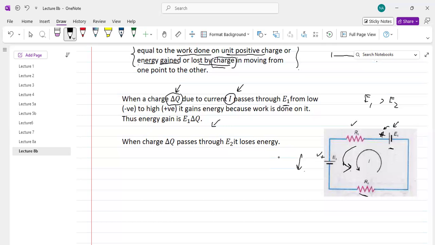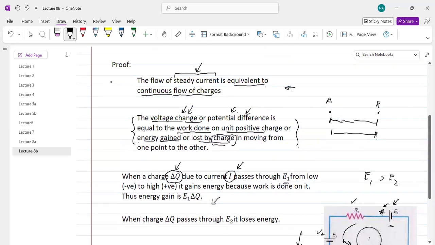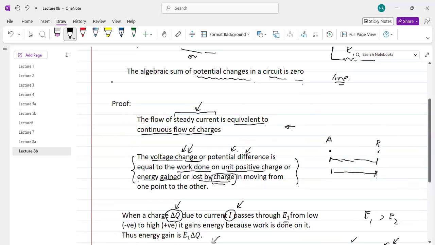Now, after deciding the direction of current, we want to find the voltage changes or potential differences, because this statement says the algebraic sum of potential changes. This means that whenever we want to apply Kirchhoff's second rule to some circuit or loop, we must know the potential changes or potential differences.